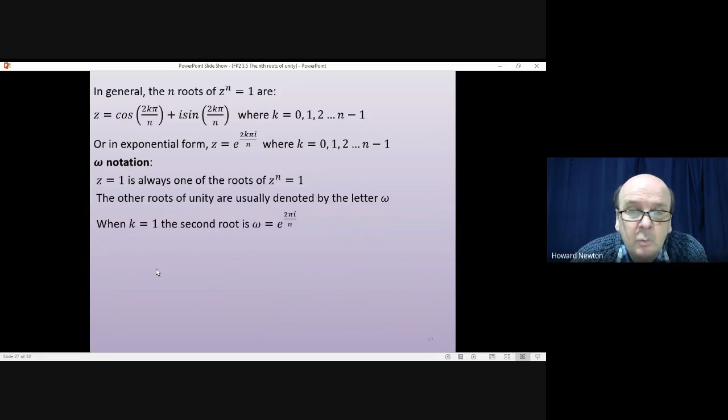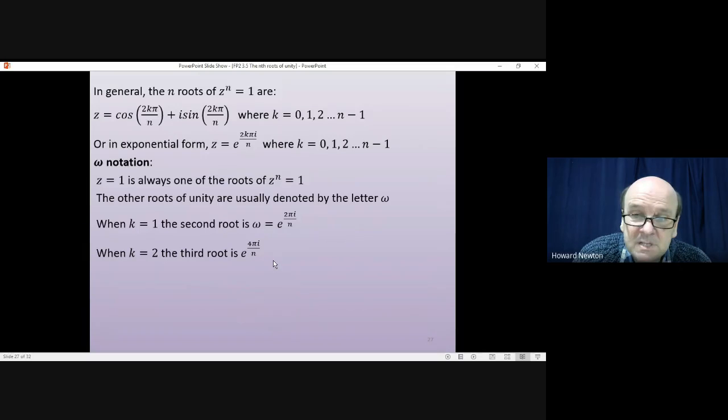When k equals 1, we'll get omega equals e to the power of 2 pi i divided by n, using exponential notation. When k equals 2, we'll find the third root. And the third root will be e to the power of 4 pi i over n, again using exponential notation.